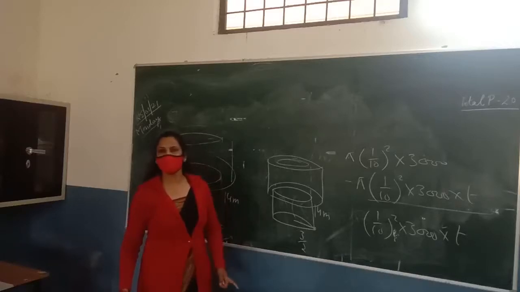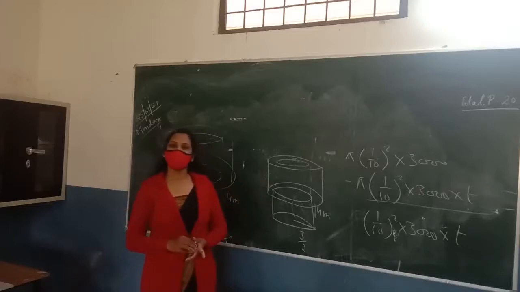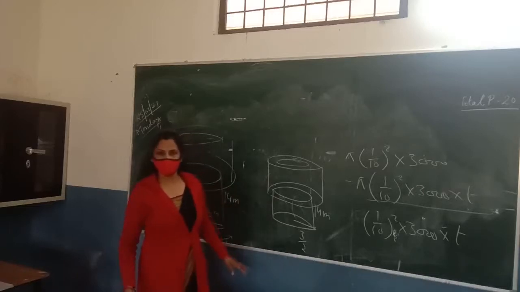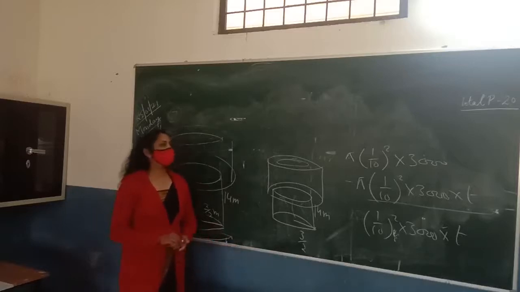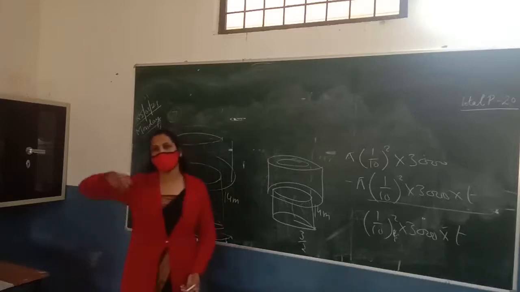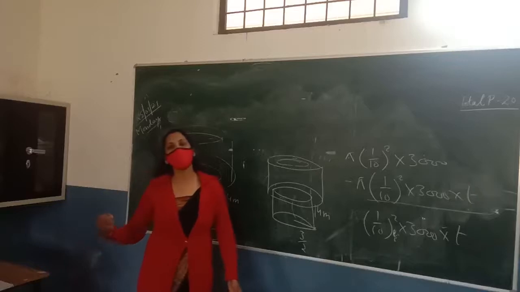जस्ट इमेजिन. अच्छा, पूरे सिलेंडर का वॉल्यूम क्या होता है? व्हाट इज द वॉल्यूम ऑफ सिलेंडर? Pi r square h. Suppose we hollow out this cylinder from the middle. So what should be the volume of the remaining portion?